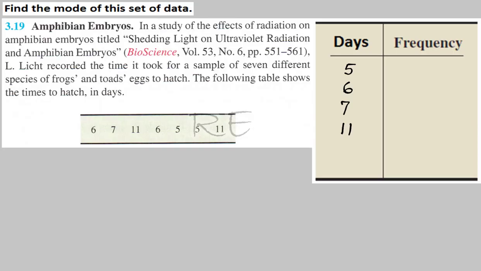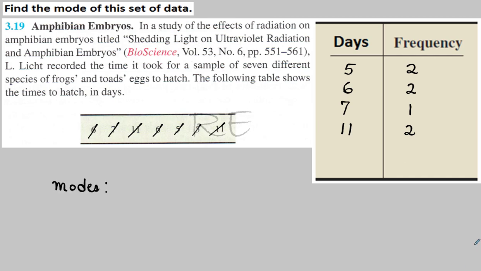To find the mode of this data, we're going to look for the frequency of each observation: 25, 26, 17, 11.